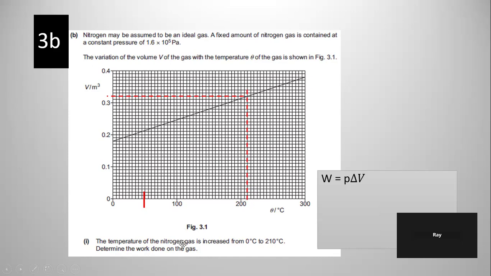Determine the work done on the gas. Work done is just P times delta V. For constant pressure, the pressure is already given. For volume, there's a change in volume from the graph. Expansion usually is negative, that's why I intentionally put it this way.